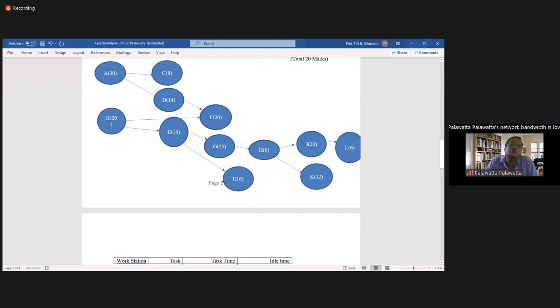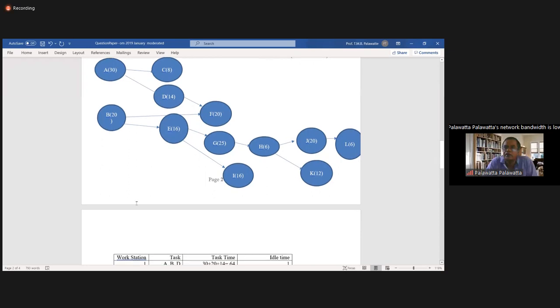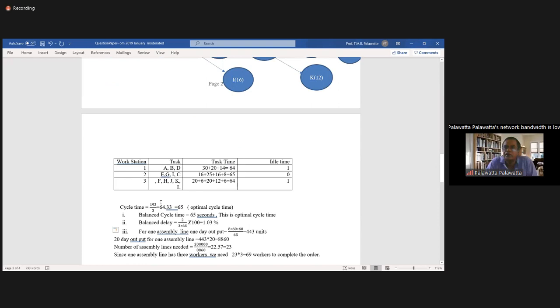And then I calculated, you got 193. This is the total task time. Divided by 3, then you get 64.33. That is the cycle time to have 3 workstations.